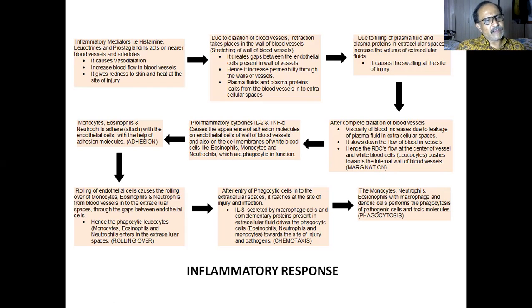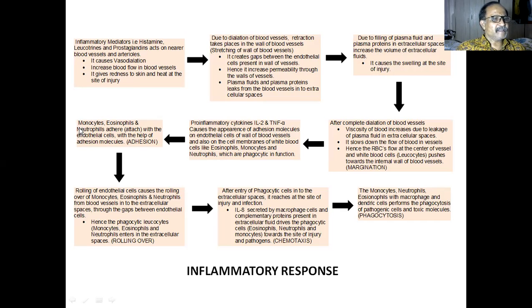These adhesion molecules appear only on the phagocytic cells, the white blood cells which have phagocytic function. These adhesion molecules appear on the cell membranes of eosinophils, neutrophils and monocytes, and also on the endothelial cells of the wall of blood vessels.